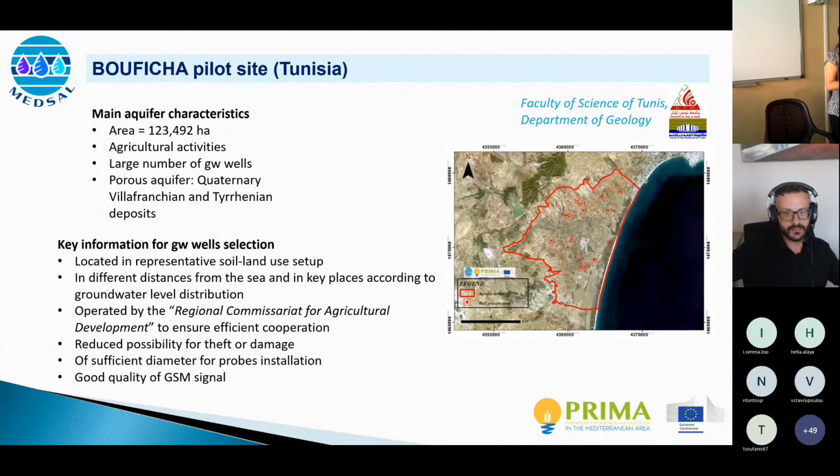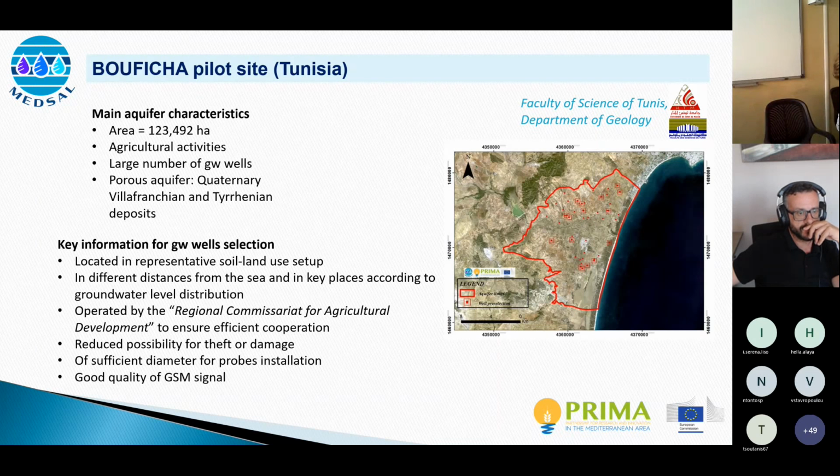Because it suffers from many problems concerning quality and quantity, and it is considered the main source of water in all the region of Bufisha and the governorate of Sousse. It is located in the eastern center of Tunisia, bordered by the Mediterranean Sea in the east, a range of mountains in the west, and the Sebkha in the south.